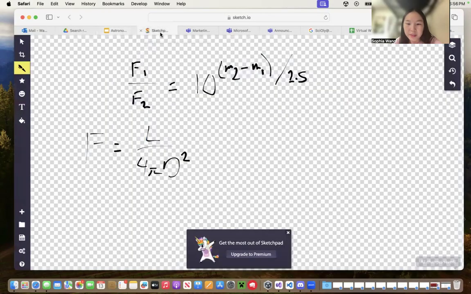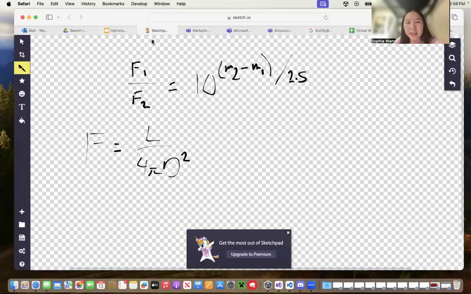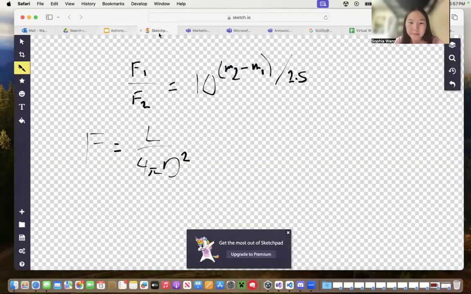But if we know, and this was in one of my hints, absolute magnitude is the magnitude of a star from a distance of 10 parsecs away, and apparent magnitude is its brightness from Earth. So if we know that, then let's say F1 is the flux of the star from 10 parsecs away.